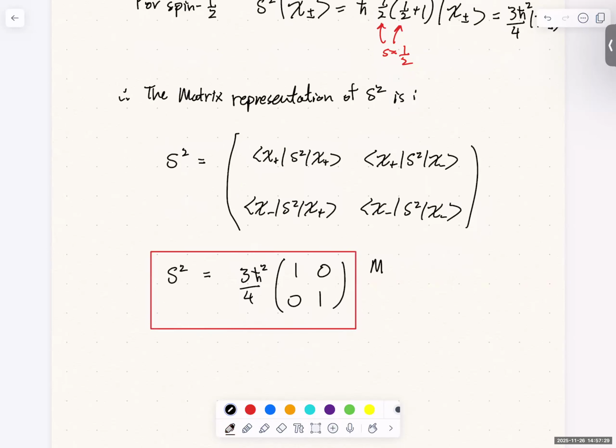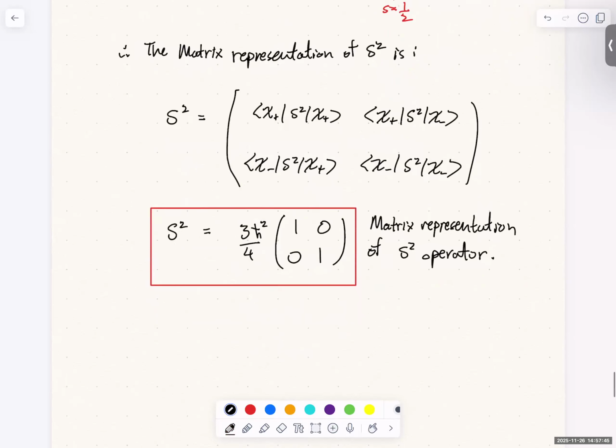And so this is our S squared operator in matrix form. So this is the matrix representation of our S squared operator. Okay, let's check it. Let's check S squared chi plus in matrix form. So we just wrote down the matrix operator. I mean, it's fairly obvious. This is the identity matrix, isn't it?